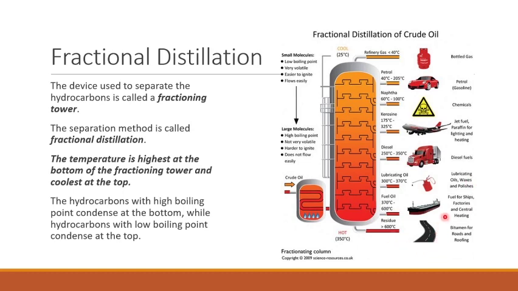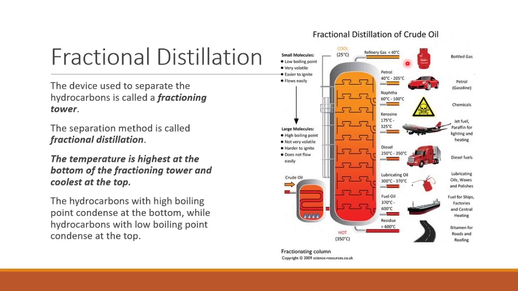So how did we separate these different components? We said based on the boiling point. If you look under each component, we have the boiling point for each one. So residue has the highest boiling point at 600, lubricating oil boils at 300, kerosene 175 to 325, petrol at 40 to 255, and refined gas less than 40 degrees.